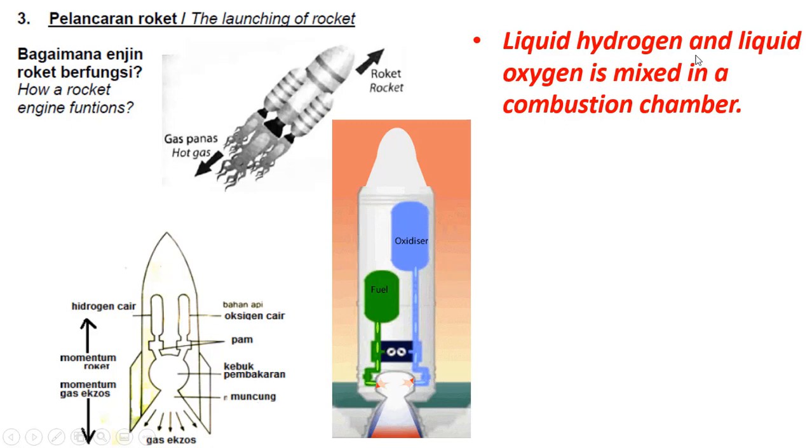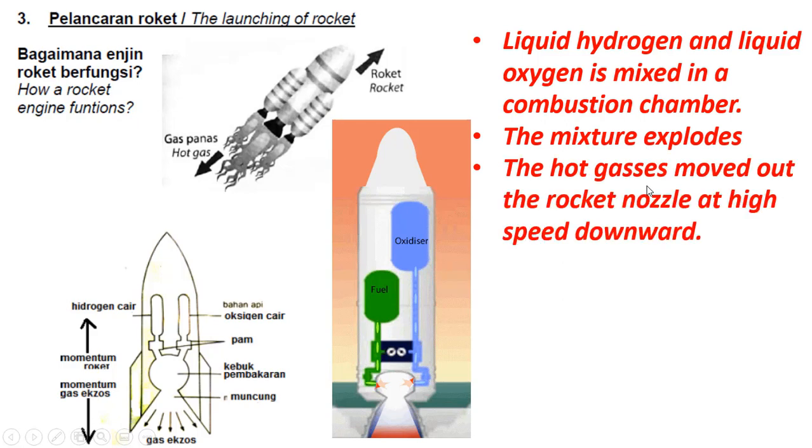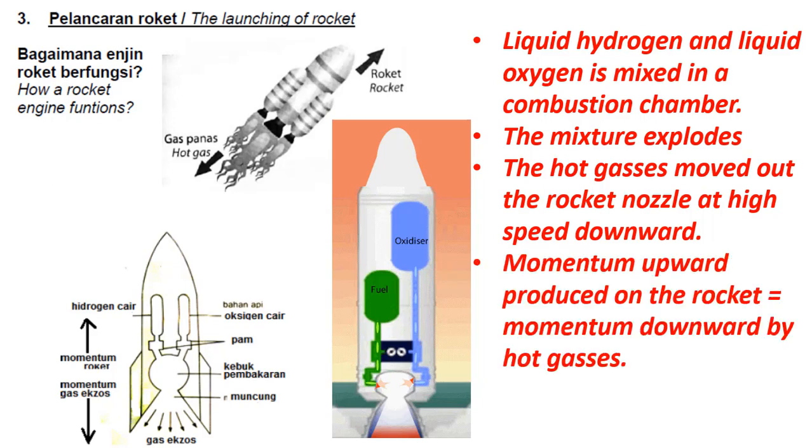Liquid hydrogen and liquid oxygen are mixed in a combustion chamber. The mixture explodes. The hot gases move out of the rocket nozzle at high speed downward. The momentum upward produced on the rocket equals the momentum downward of the hot gases. So both have the same momentum, but one moves downward, another moves upwards.